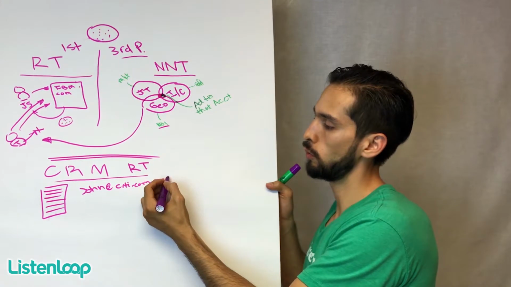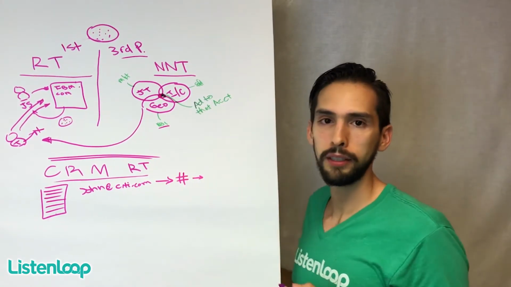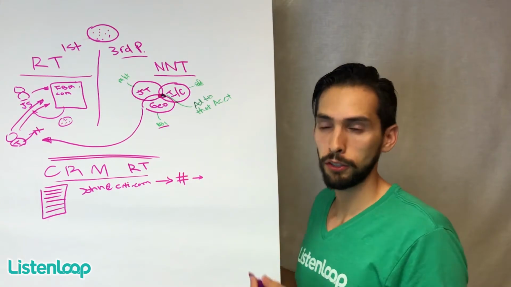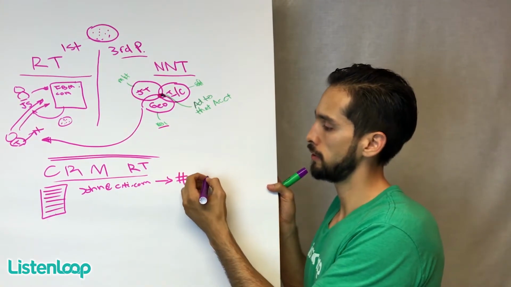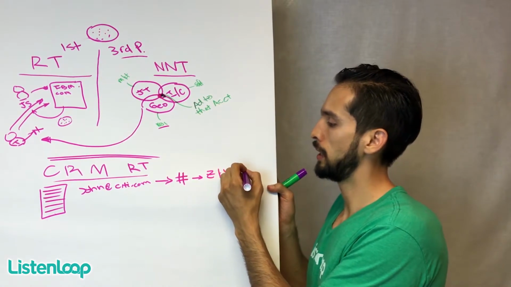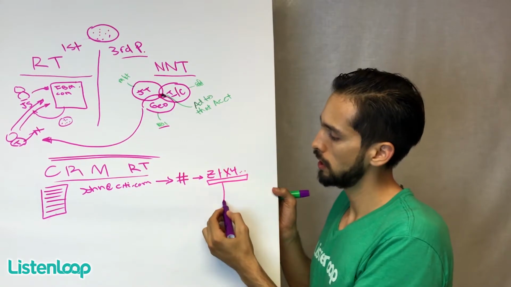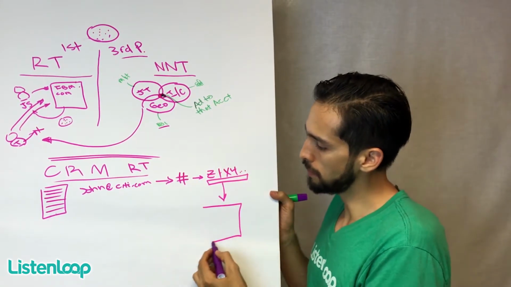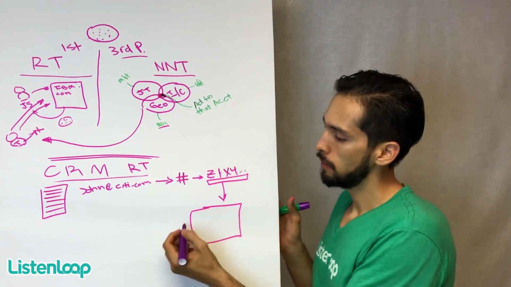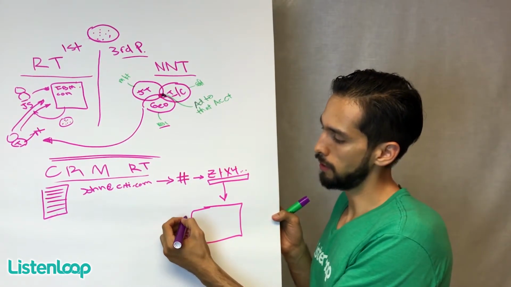Then typically it'll run through what's called a hashing function that'll turn this email into a cryptographically secure set of characters. It'll look like gobbledygook to us, Z1X, blah, blah, blah. And this is then matched against another table provided by people like Facebook, LinkedIn, LiveRamp.